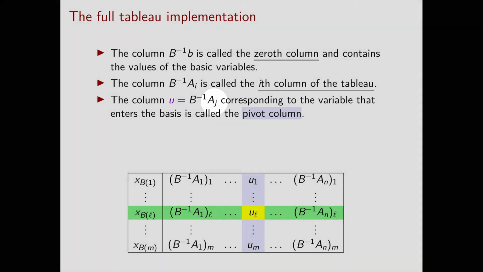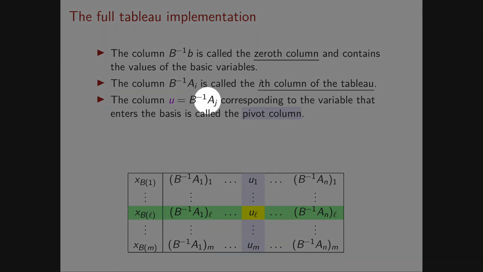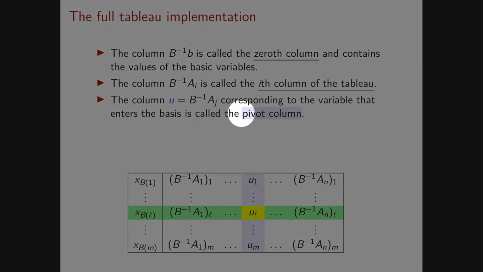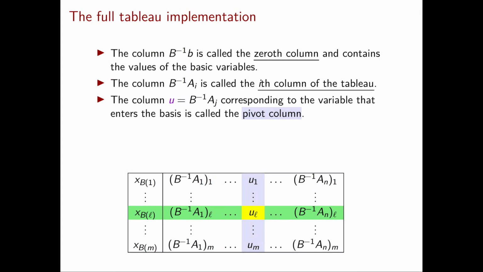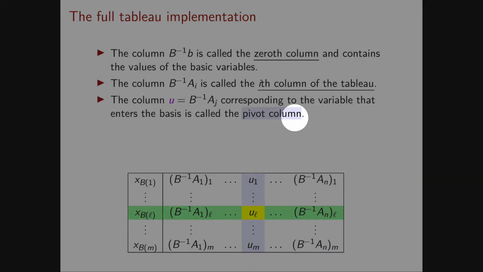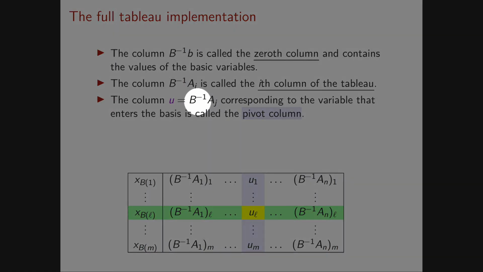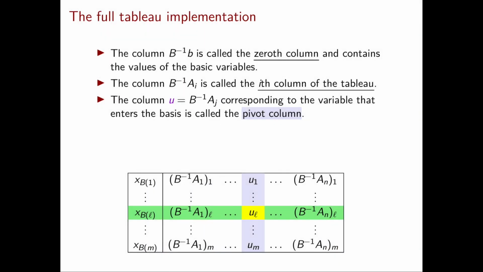In fact, we know that B inverse Aj is equal to our famous vector u. This column is so special that we call it the pivot column. In particular, the pivot column also indicates what is the variable that enters the basis. In fact, if u is defined as B inverse Aj, it means that the variable xj is entering the basis.